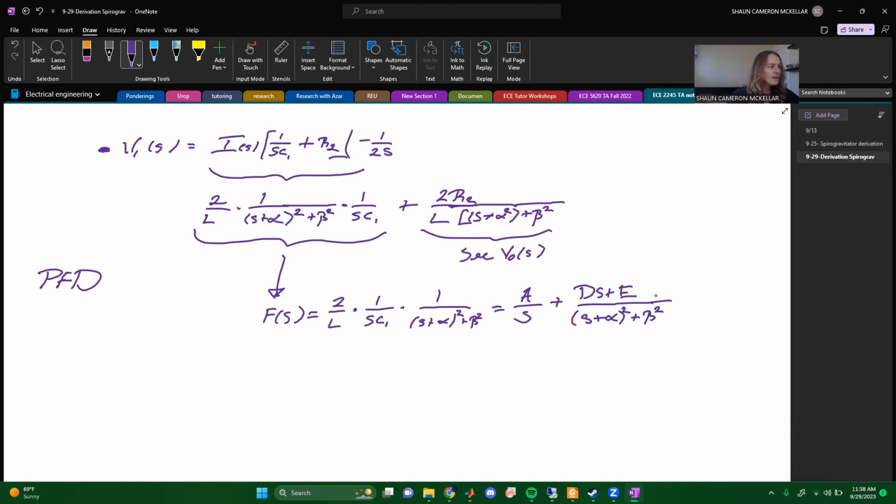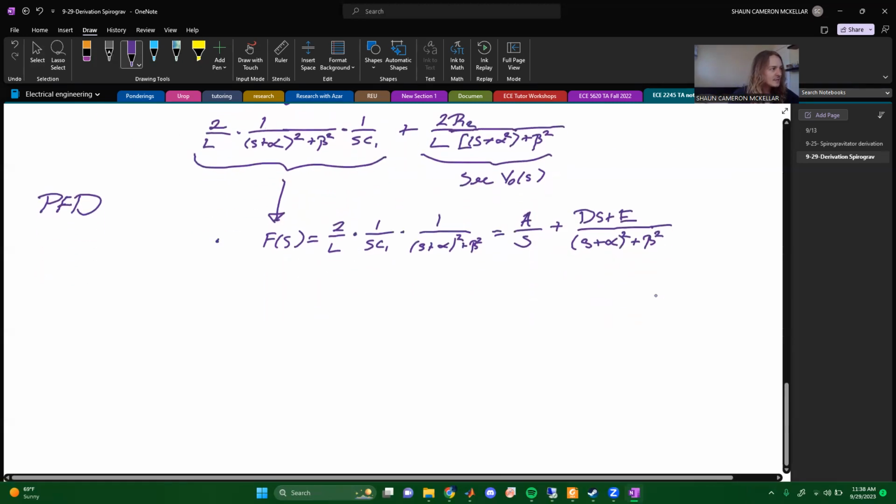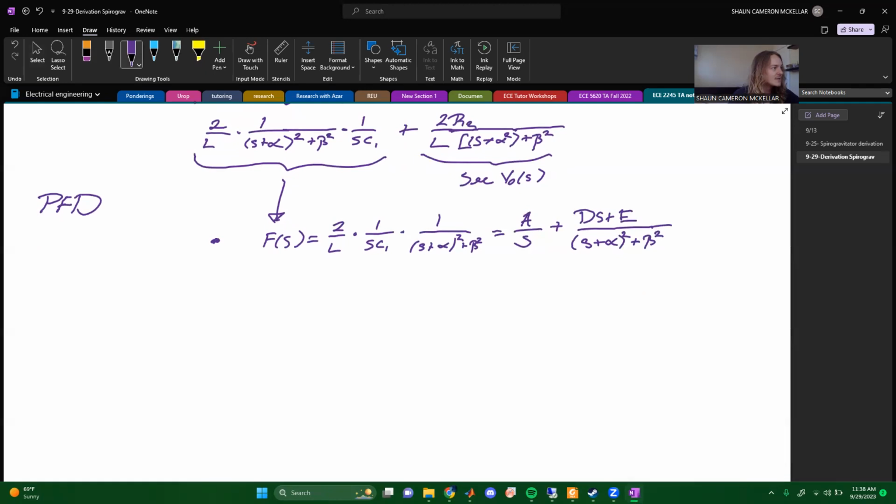Now, if you haven't seen this technique for partial fraction decomposition, it's a little confusing, but I'm going to show you how to quickly eliminate and solve for a single variable. And this really works well for scenarios where we have like A over S plus B over S plus E plus C over S minus E, stuff like this, where we have what's called distinct roots.